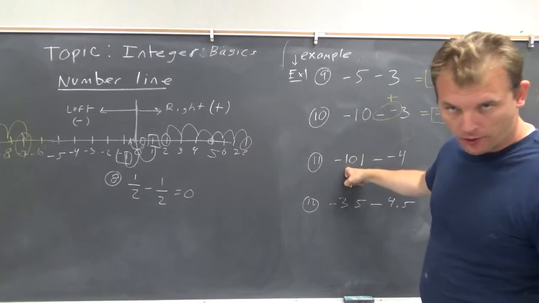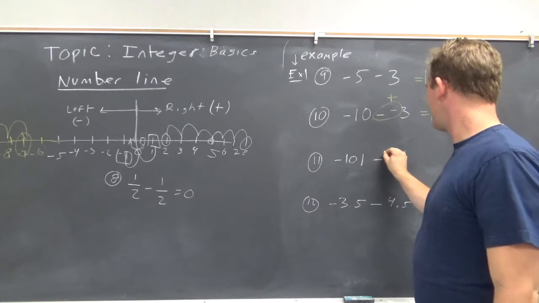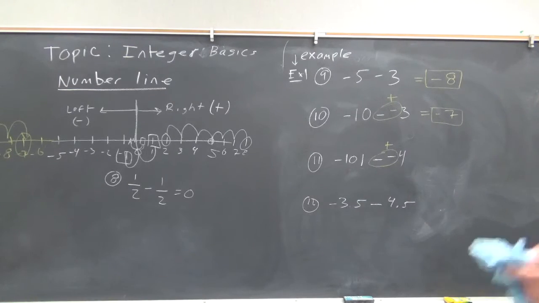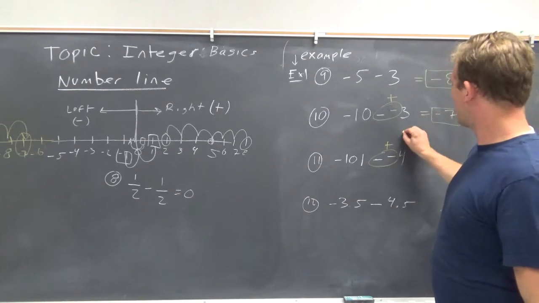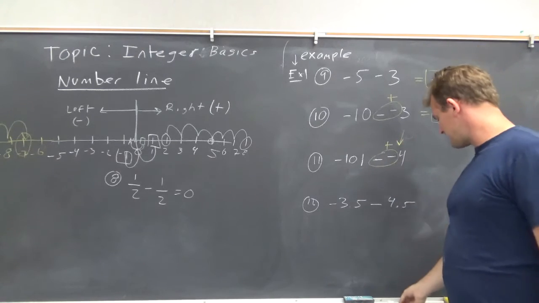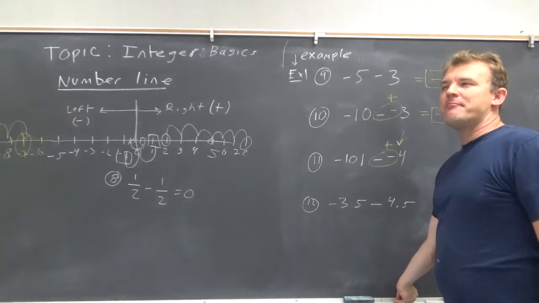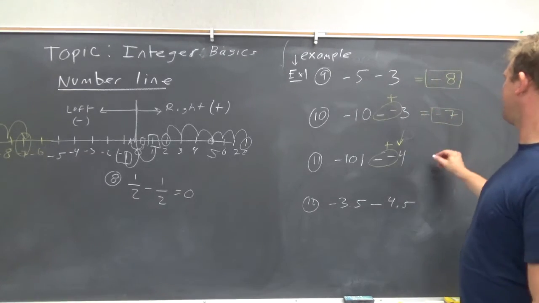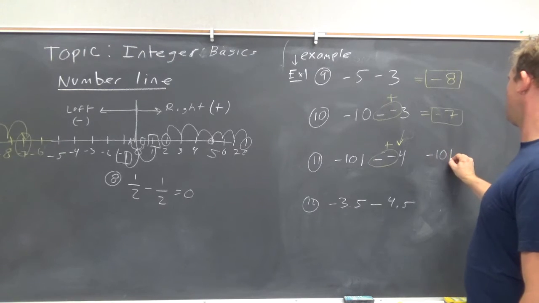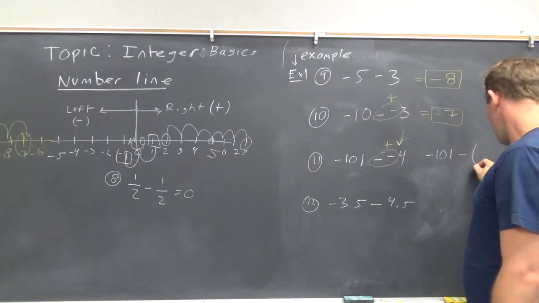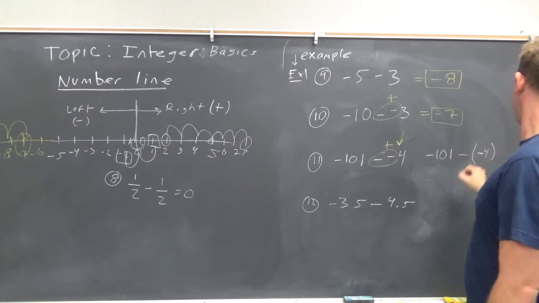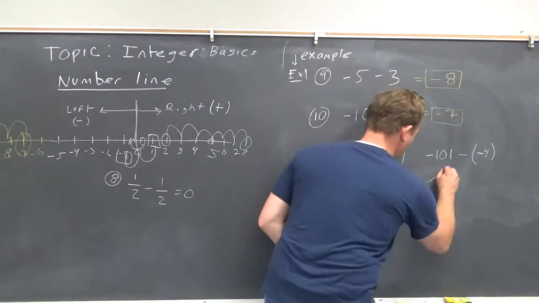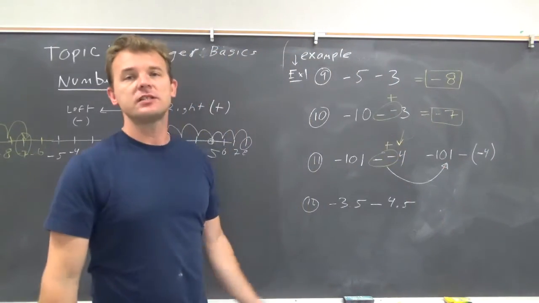Negative 101 minus negative 4, but remember the little trick: positive. Now, hold on real quick. This part right here, I know that this doesn't seem right. I mentioned this before, if you had me. This is technically negative 101 minus times negative 4. You've seen something like that before.